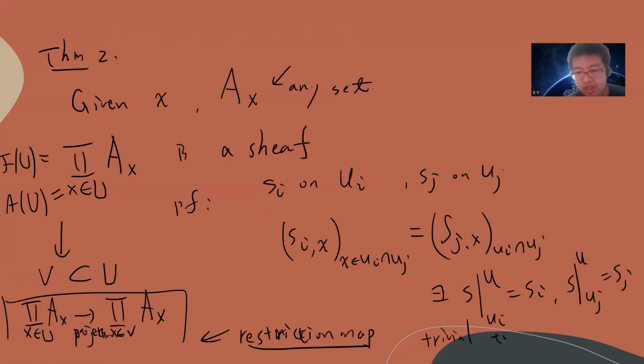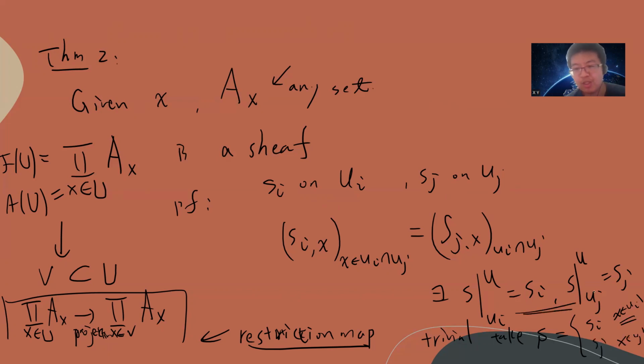You just take s such that when x belongs to U_i, you take it to be still s_i, and if x belongs to U_j, then you take it to be s_j.